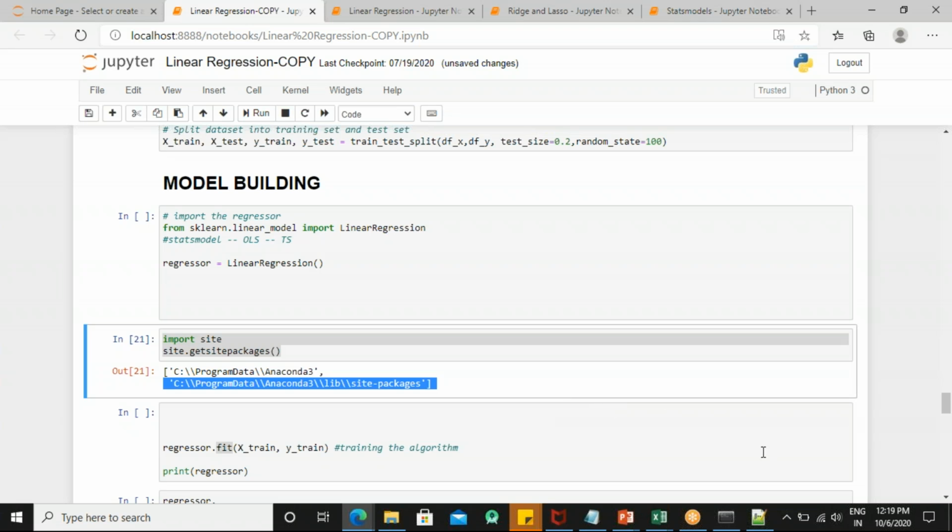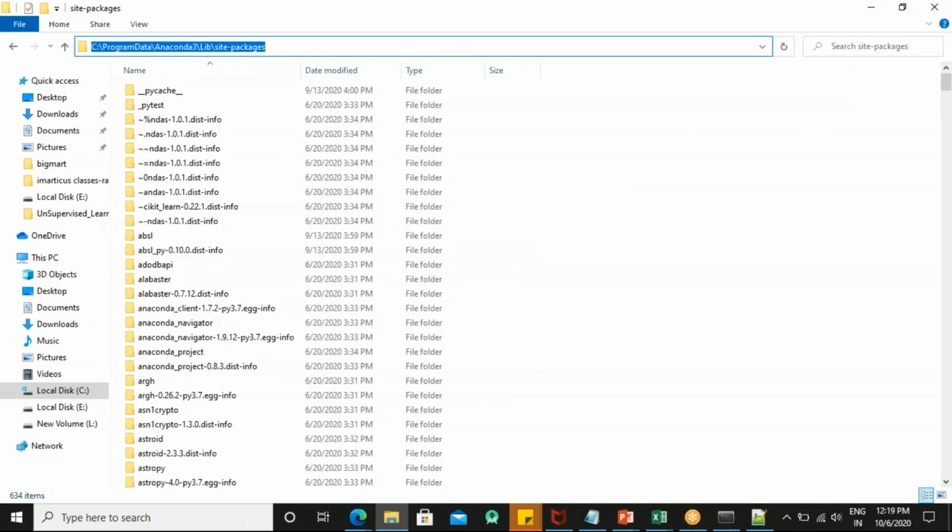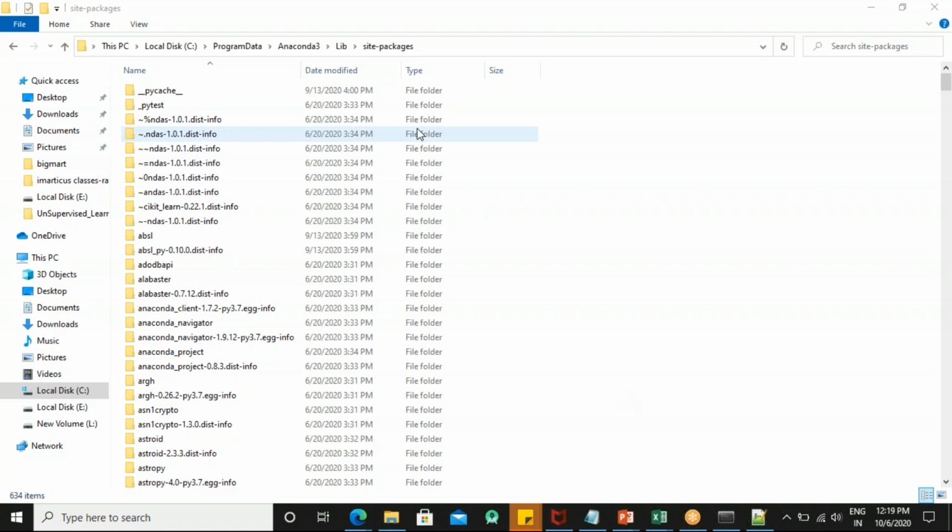Yeah, run that, Gulzar. Run that command and then you get this path. Open this path in your Windows Explorer, which is this. Put it here. Few people can directly try to hit this path. It may be same, but not for all. And you will land somewhere at this path.